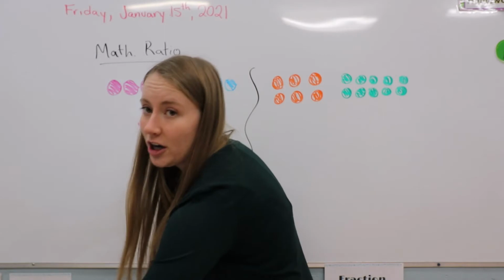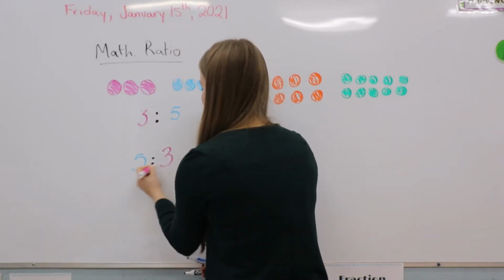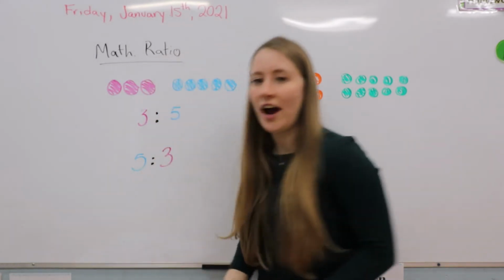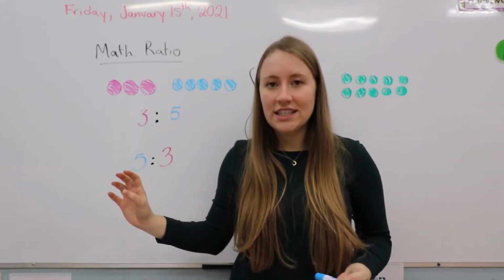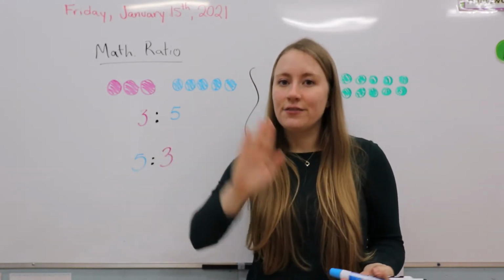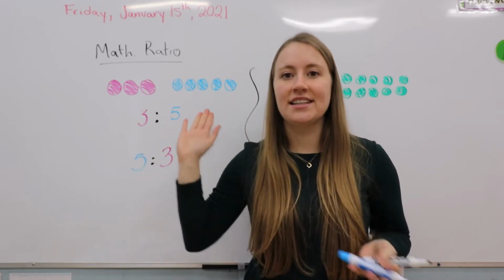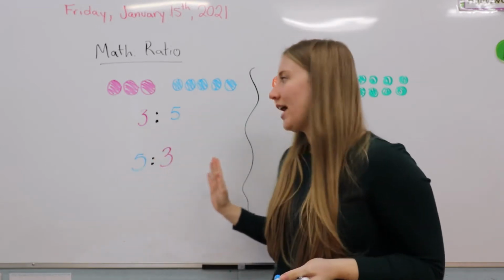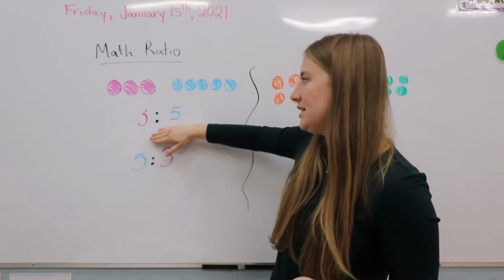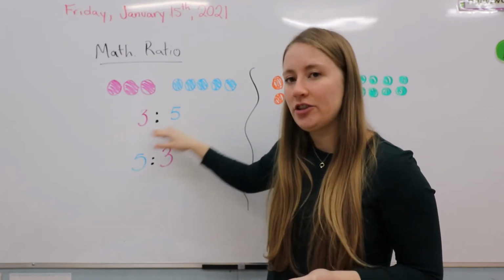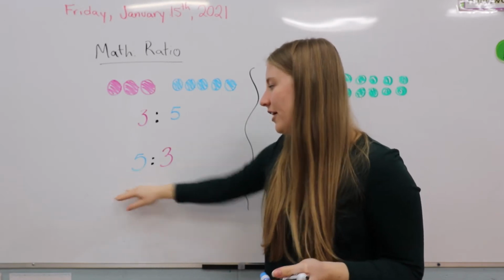So when you come across ratio questions, you have to keep track of what group or what quantity you're being asked to list first and which quantity you're being asked to list second. Okay? So the ratio of pink to blue is 3 to 5, and the ratio of blue to pink is 5 to 3.